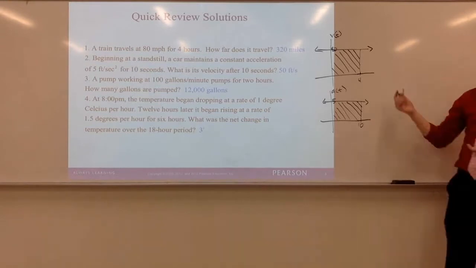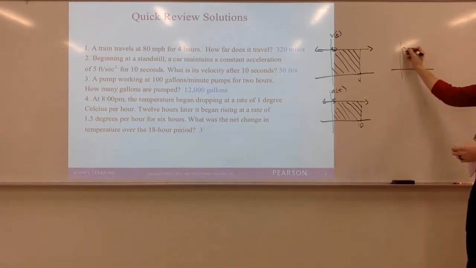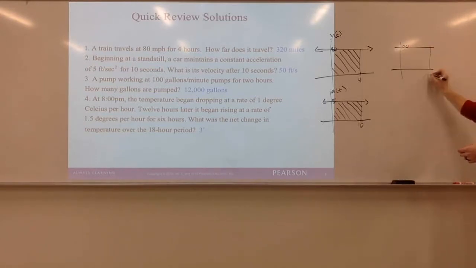So I'm creating a graph where this rate is 100, and I want to see what happens after 120 minutes. 100 times 120, if I take the area of this rectangle, I get that 12,000 gallons have been pumped.